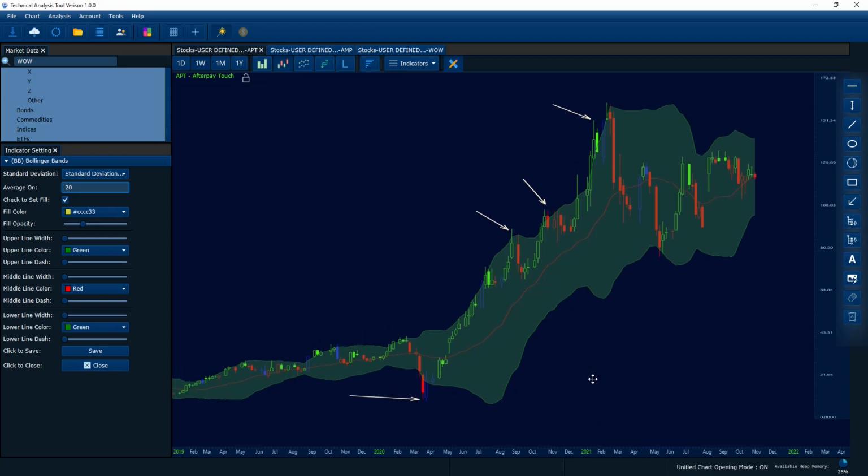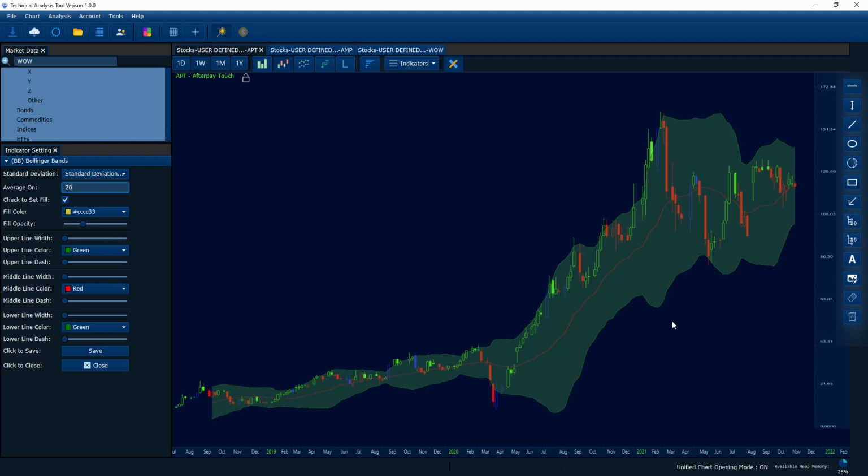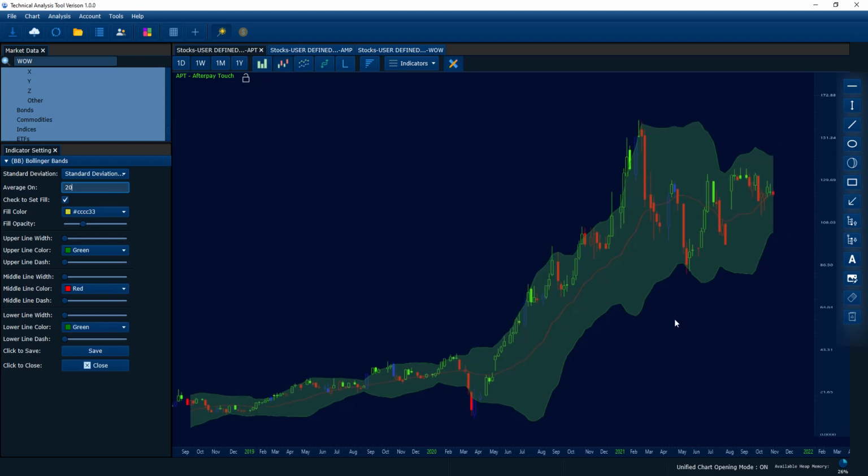The second usage is when the share is in a very well trained, robust uptrend. You can use the Bollinger Bands to generate buy and sell signals when the price crosses over the middle line, as here. Okay, and you sell when the price crosses below the middle line, right here.